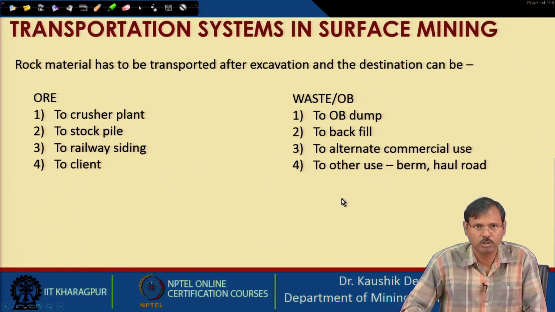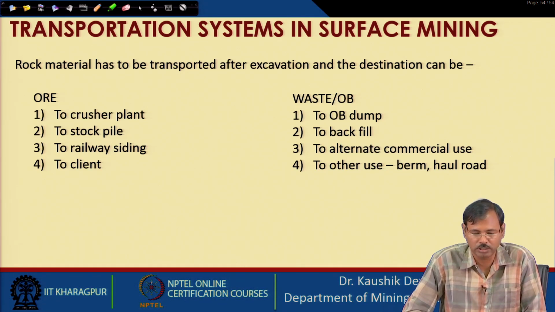Now, let us look at what the possible transportation systems in surface mine are. For that, let us understand what we are carrying out in the surface mine. In surface mine, basically we are excavating 2 types of material, one is ore, another is waste or overburden rock. Now, this ore is useful material.